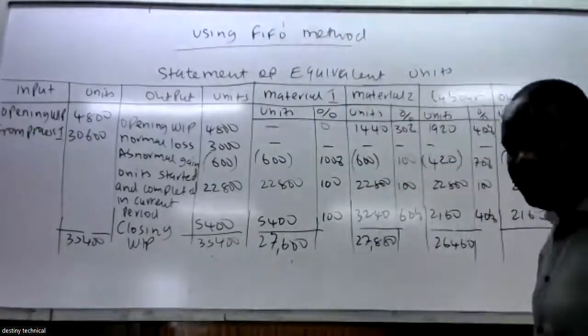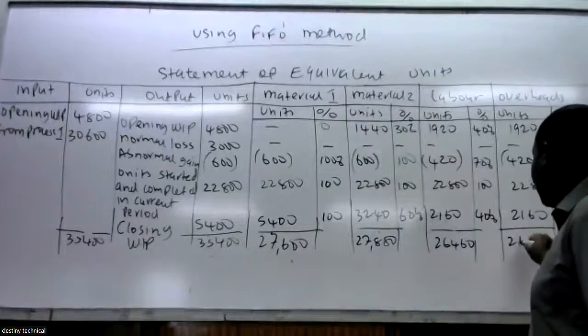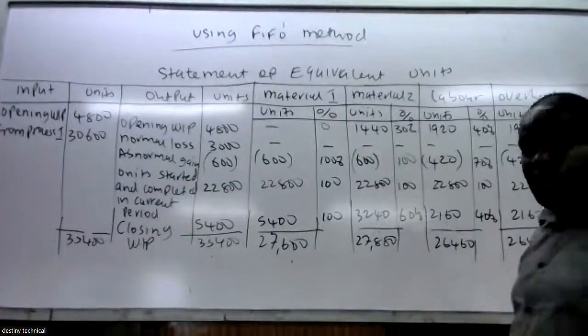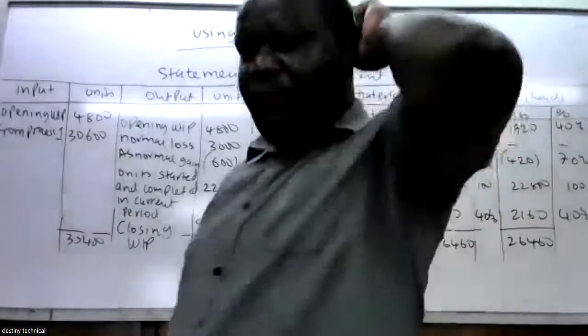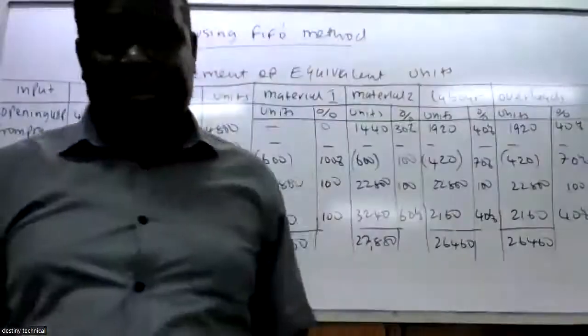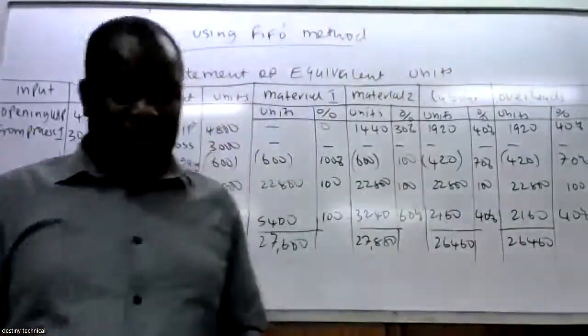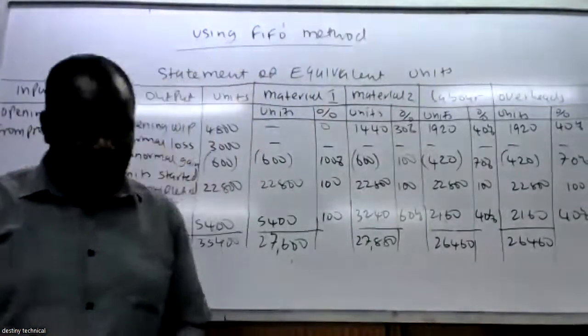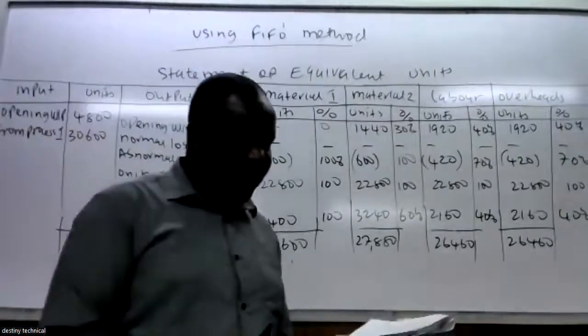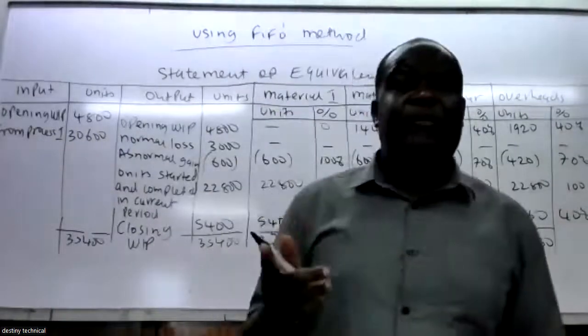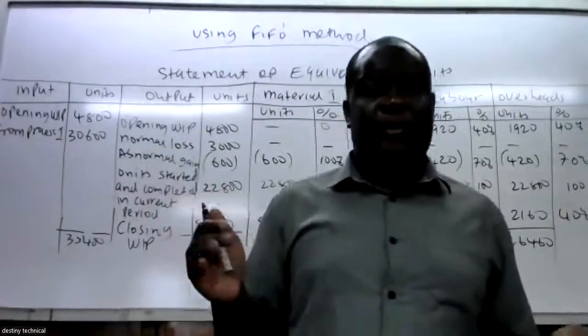Also 26,460. So that should be our part A of the question, which is the same as step number 3.